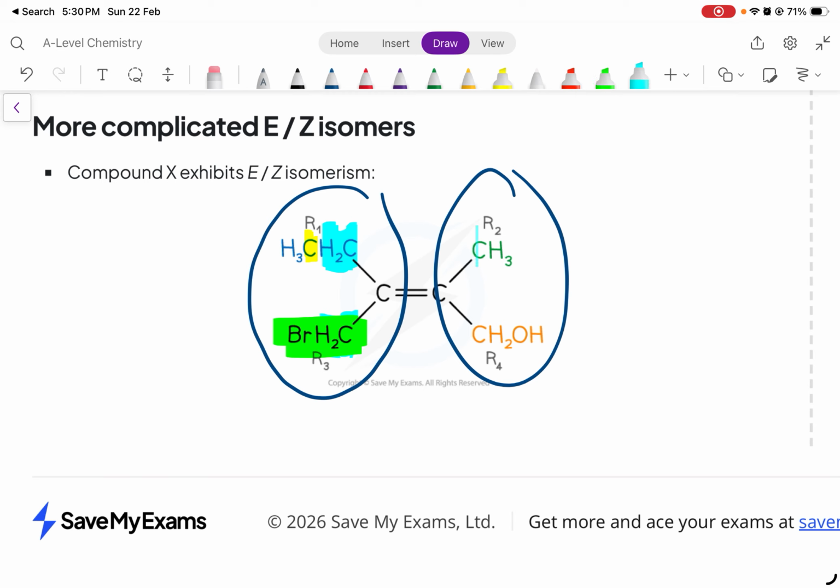Again, let's try again. Same. Now, this one looks like they both have hydrogen, but a different number. But when I'm looking at R2 and R4, I actually look at the entire group here: H3, H2O.